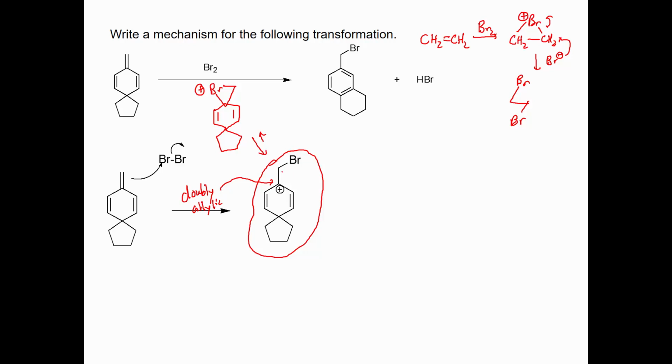So we'll probably see more of this than of the bromonium ion, but there should be an appreciable amount of both species. But this is the species here that's going to allow us to proceed forward.